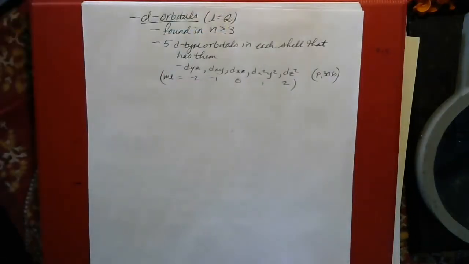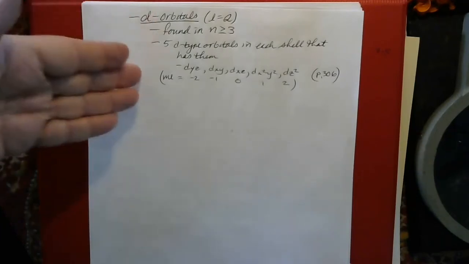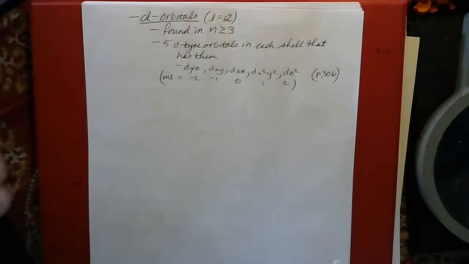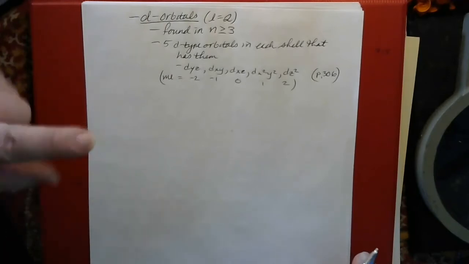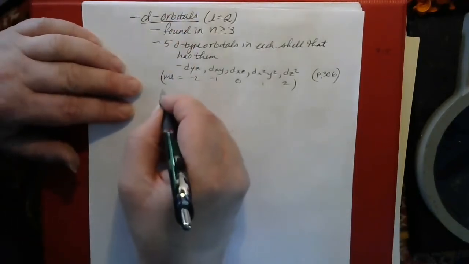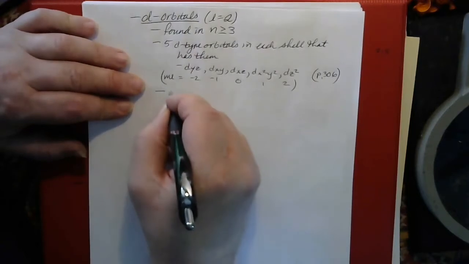They're kind of like a 4-leaf clover sort of shape. And the m sub L values, again, there are 5 m sub L values for d-type orbitals because there are 5 d-type orbitals. And each m sub L value would correspond to one of those names for a d-type orbital. But again, it also doesn't matter which number you assign to which name because once again, they are all the same energy.